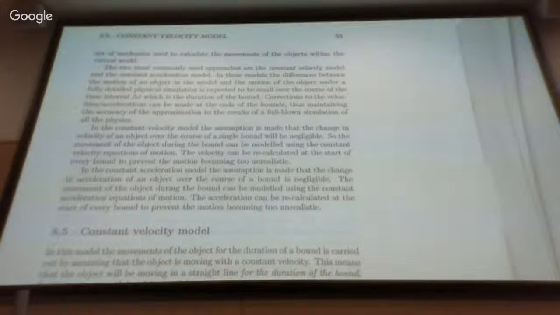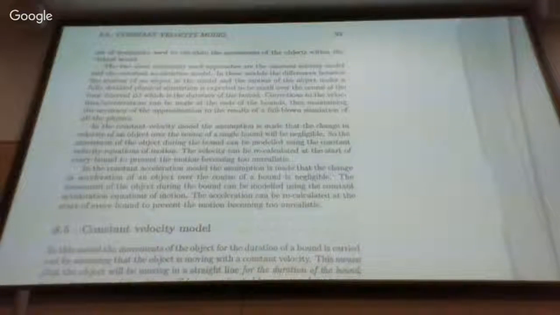Or, by allowing the approximation to be not so good, we can use less computation power, which will enable us, in the same amount of actual time by the clock on the wall, to simulate the movement of more objects. We can simulate the movement of one object using less computational power, then in the same amount of real-world time, we can simulate the movement of more objects.